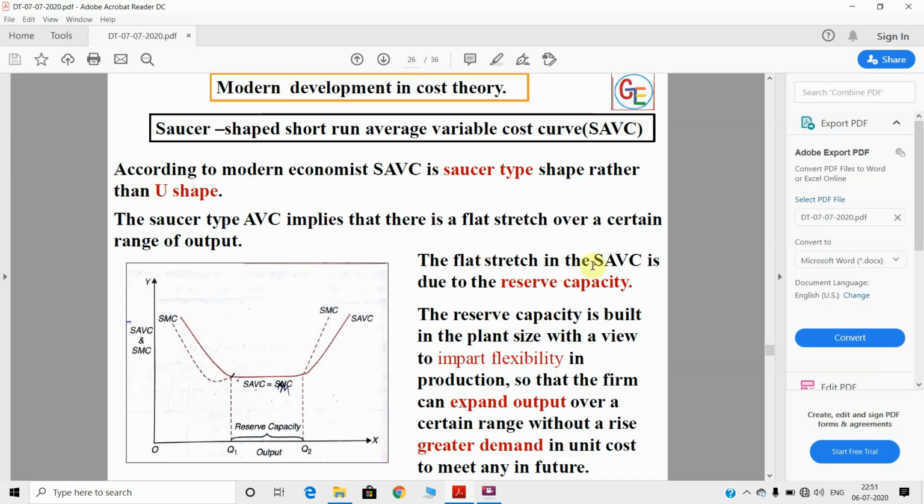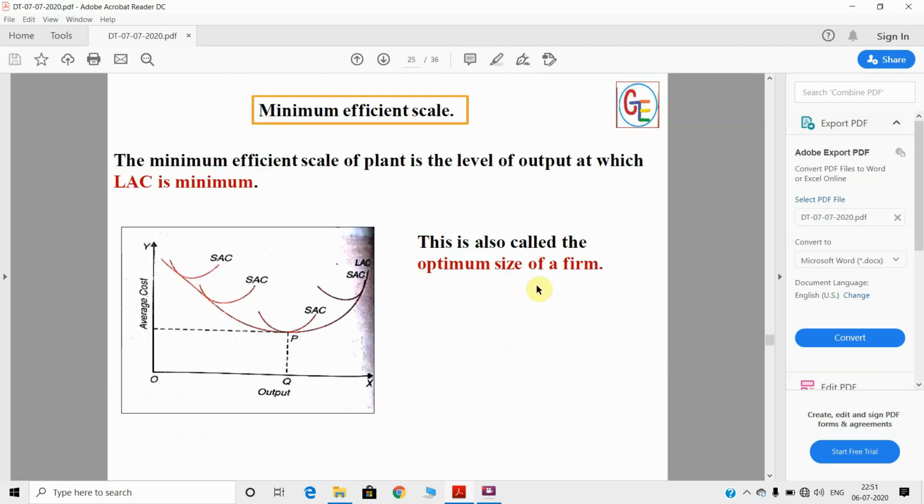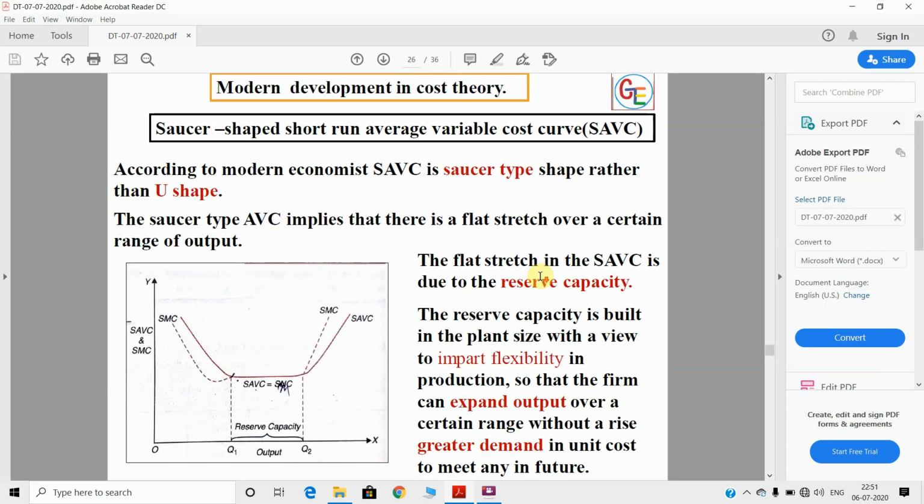The flat stretch of SAC is called reserve capacity. And in the before slide you can conclude about your optimum. Here is your optimum size of firm. Here you have another new concept, that is reserve capacity.